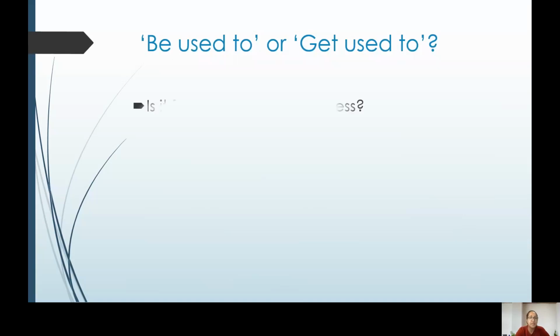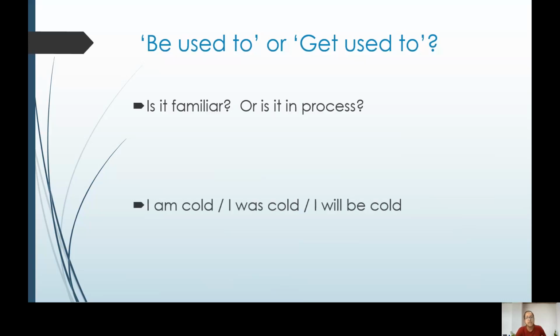So essentially the thing to think about is the situation familiar? Or is it in the process of becoming familiar? If we take the verb to be with an adjective, let's say cold, for example, I am cold, I was cold, I will be cold. Or the same with the verb get.